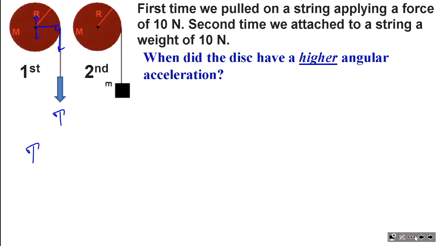That torque will be equal to the magnitude of tension times radius, and that's supposed to be equal to rotational inertia times angular acceleration in case number one. So the first case is solved by a straightforward application of Newton's second law for rotational motion.